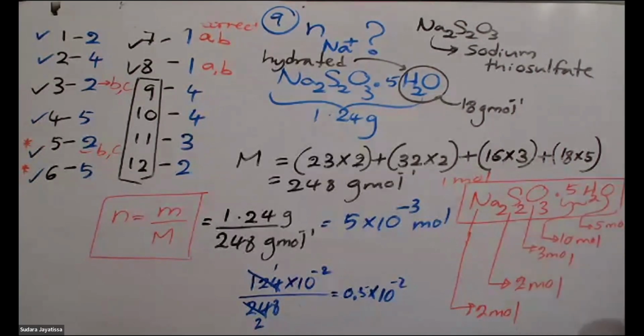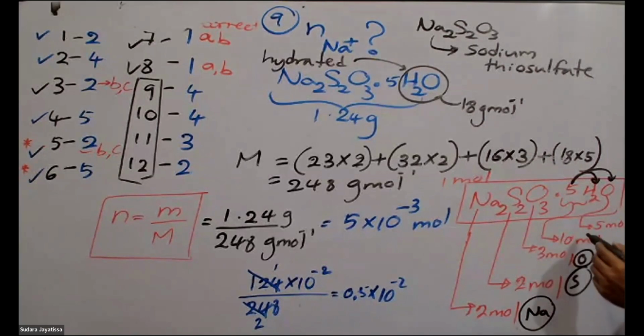This number is responsible for all the numbers that follow. So these are the moles of each element: sodium, sulfur and oxygen. Here you have to add these 2 oxygens also. You take both the oxygens, you will have 15 moles of oxygen.